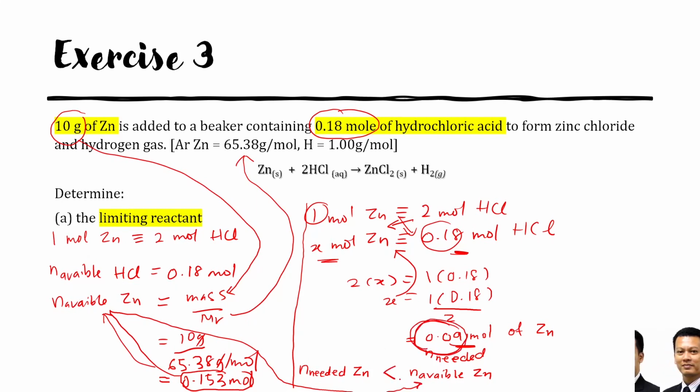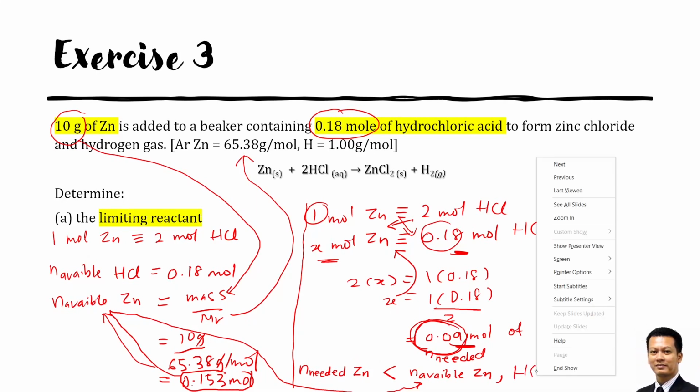Lower, right? So when it is lower, just imagine if you are the one who eats, you only need 0.09, but what is available to you is 0.153. You are going to eat 0.09, even though there is a lot more of the zinc that is available. So it means that Zn is in excess, and HCl, you are the limiting reactant.